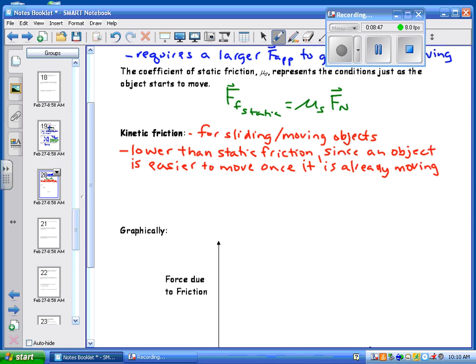So you need to apply a much larger F applied to get an object moving, to overcome static friction. Once you've overcome static friction, you don't need to apply as large of a force to keep it in motion. So it requires a smaller F applied.